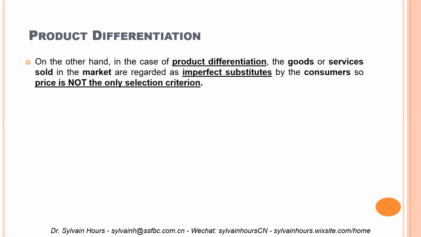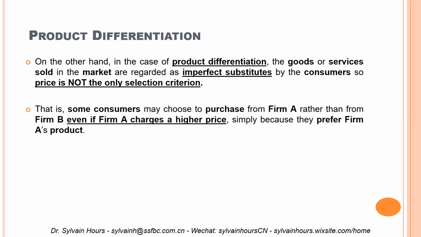But if I had to choose between two blue pens from two different businesses that are exactly the same, then the only thing that would matter to me is the price. And I would buy from the business that sells the blue pen at the lowest price. Okay? So the consequence is that some consumers may choose to purchase from firm A rather than from firm B, even if firm A charges a higher price, simply because these consumers prefer firm A's product.